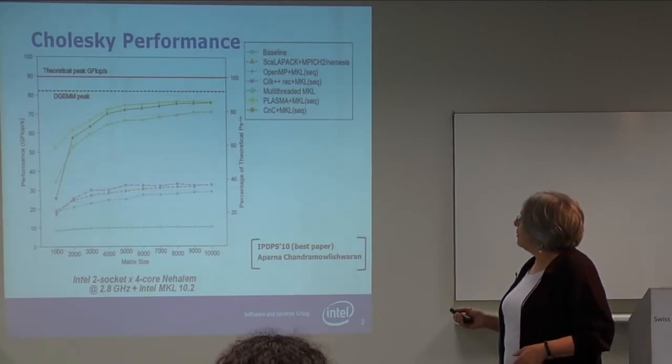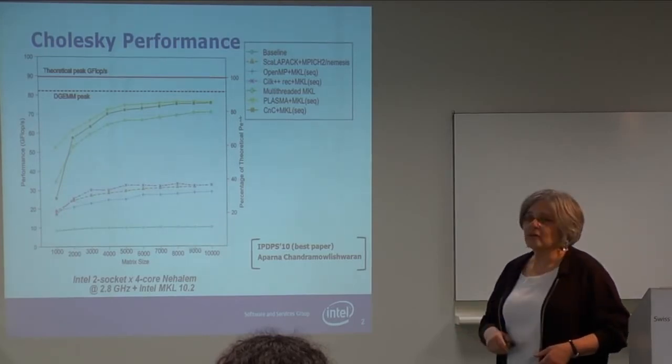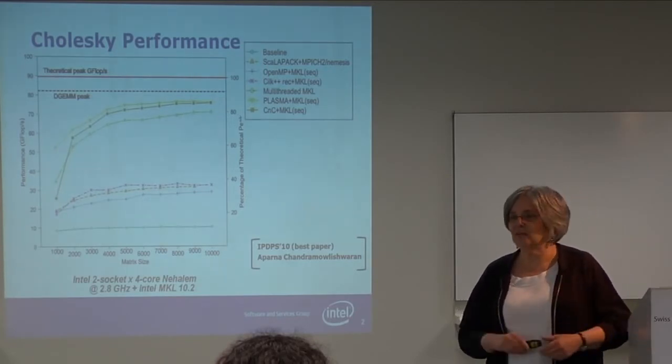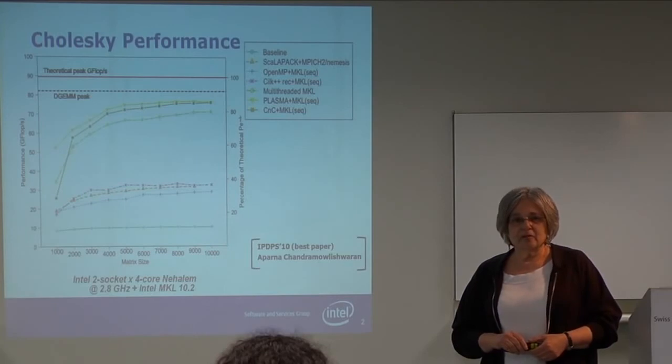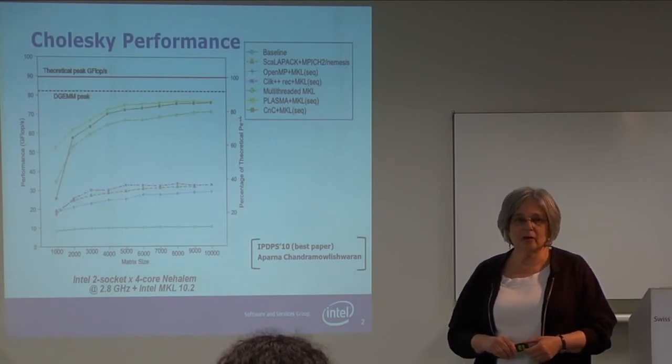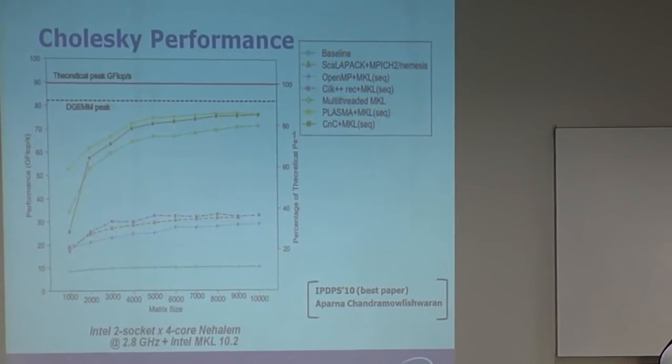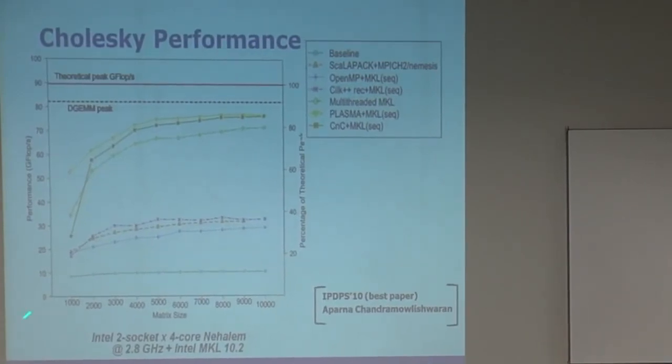And this is some work done by an intern who was with me. She is in the applications field, and she's at Georgia Tech with Rich Vuduc. So she did some Cholesky experiments. These are the matrix sizes here, and these are the performance numbers, so higher is better.